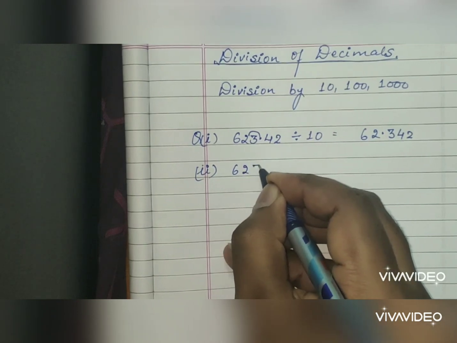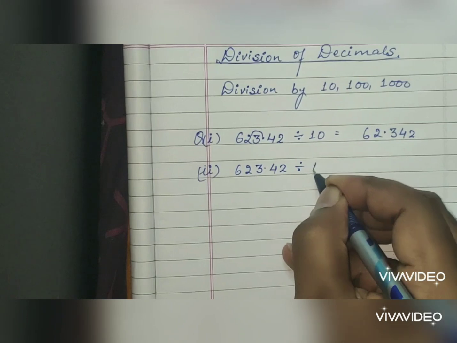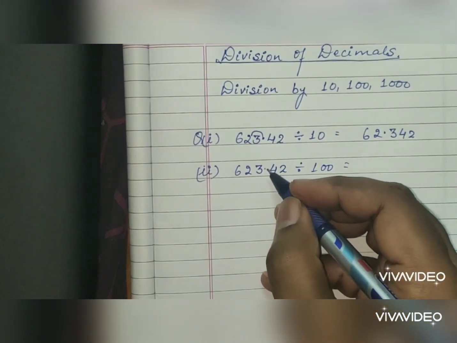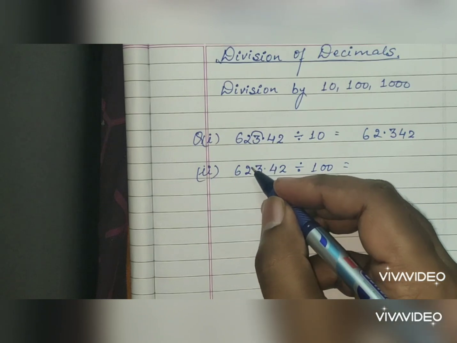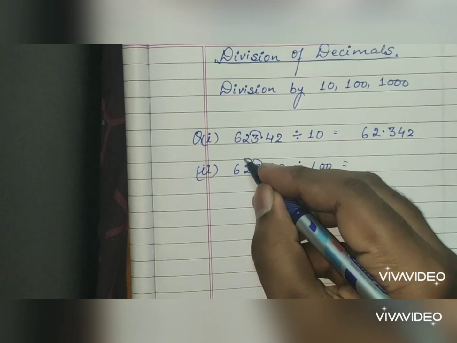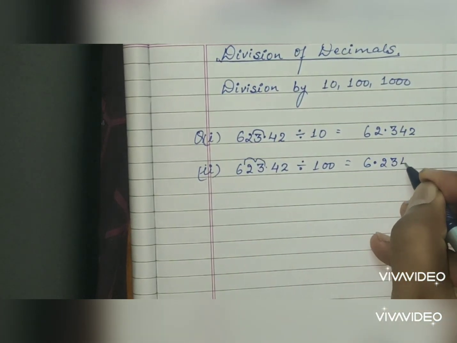Let's see once more. Suppose 623.42 divided by 100 is given. There are 2 zeros, so the decimal place will be shifted 2 places towards the left side. So it will be 6.2342.